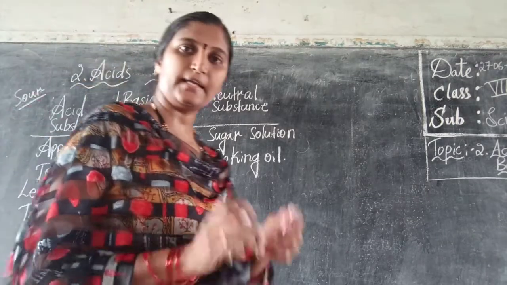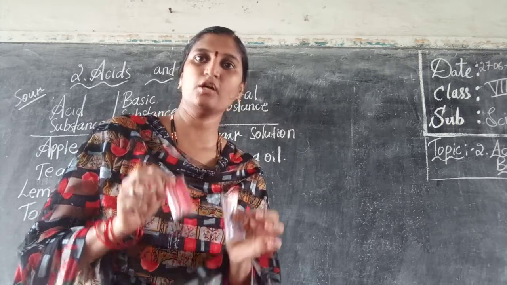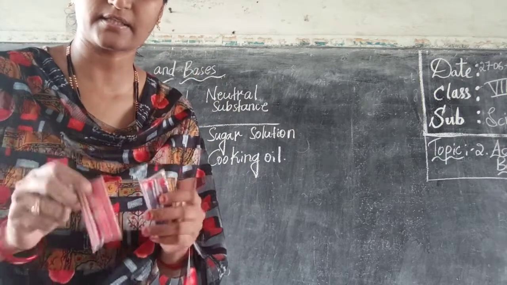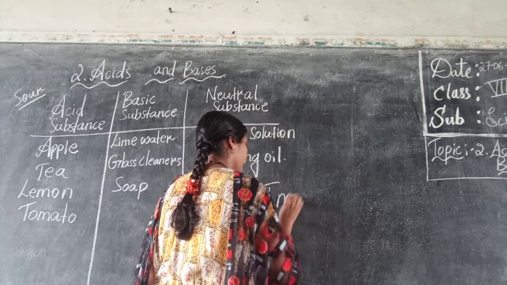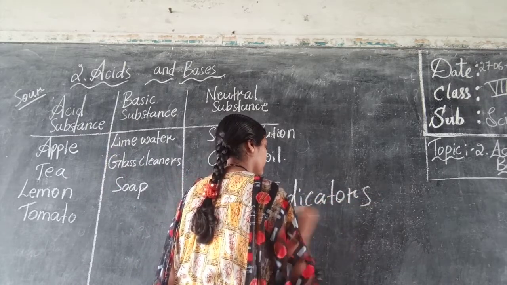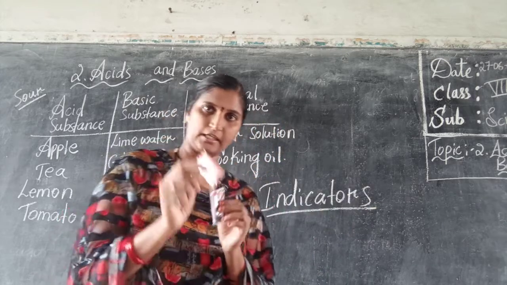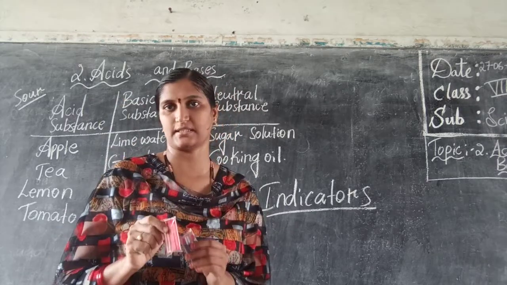Indicators help us find out whether a substance is acidic or basic in nature. The red litmus paper and the blue litmus paper that we are using are called indicators, because based on the material they show some changes.